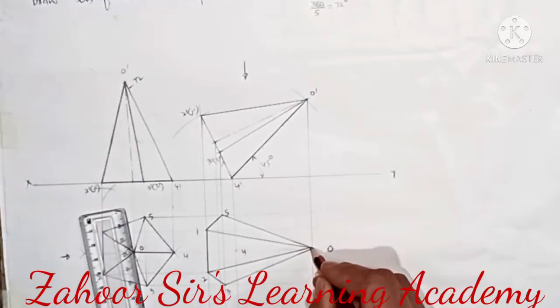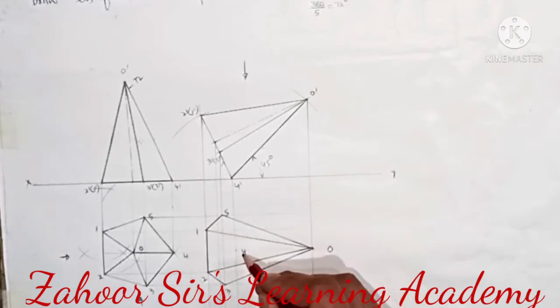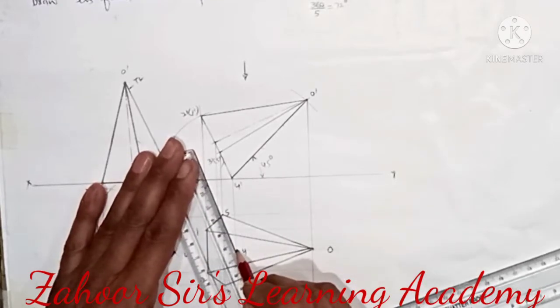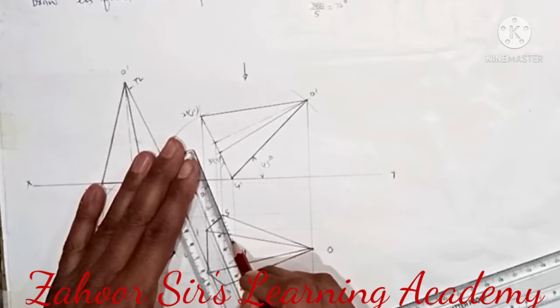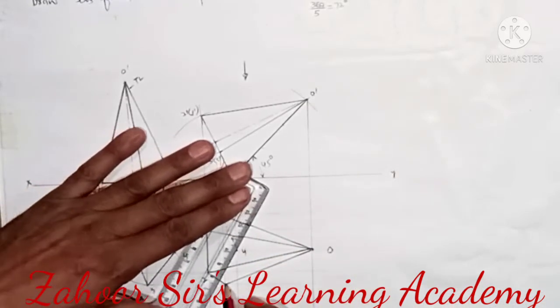And the rest of the things, like connecting 5, 4 base edge and 4 and 3, cannot be seen there. That means we will connect them with dotted lines. This one and this one.